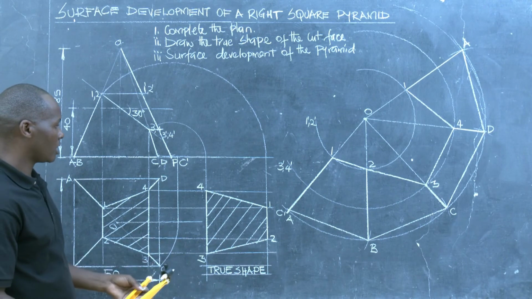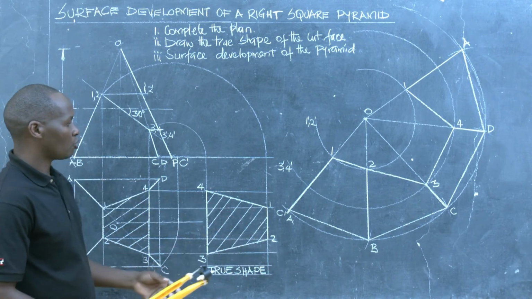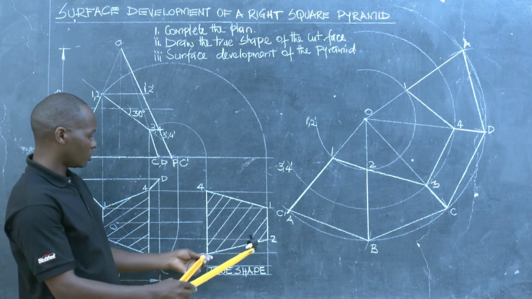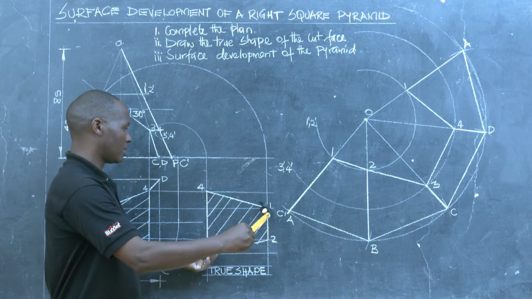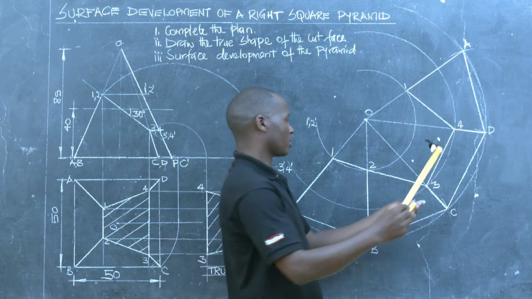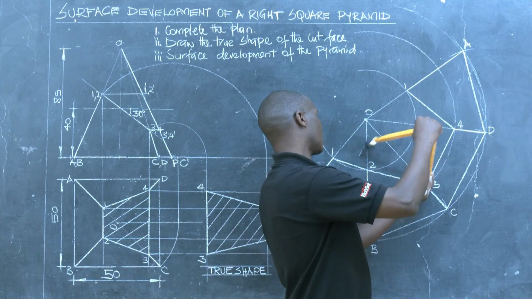So we can start with locating point 1. What we'll do is open our compass to radius 3, 1. Then using point 3 as the center, we describe an arc.